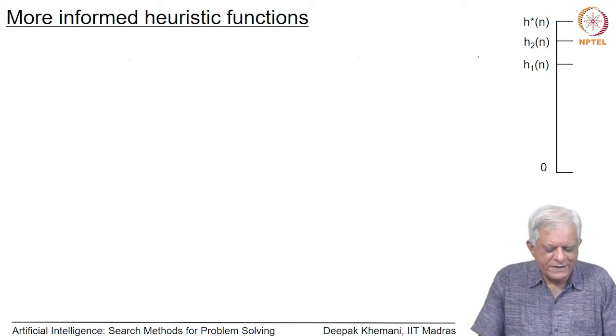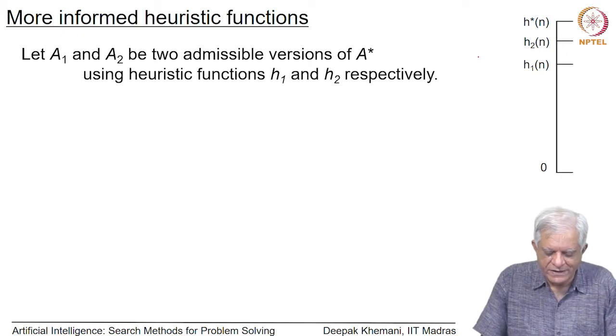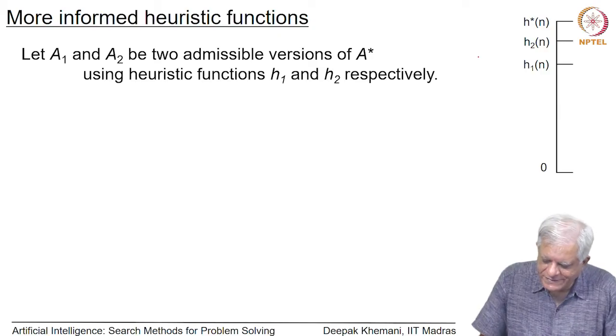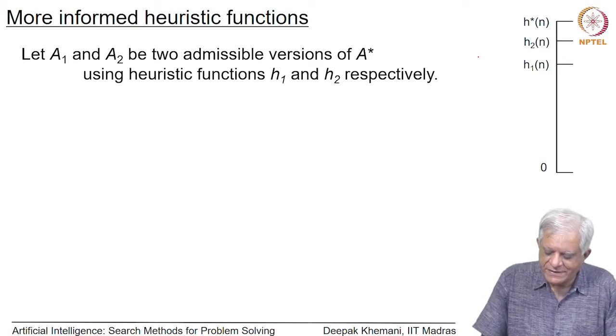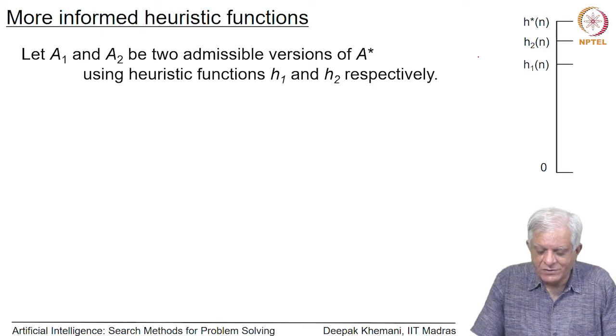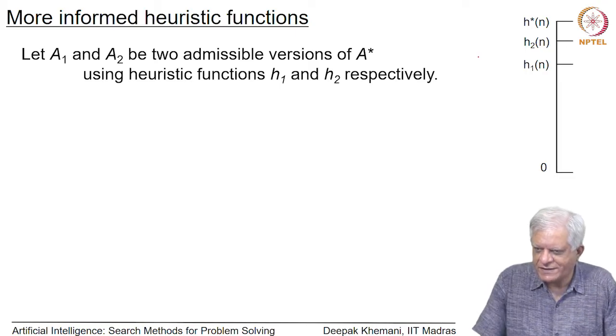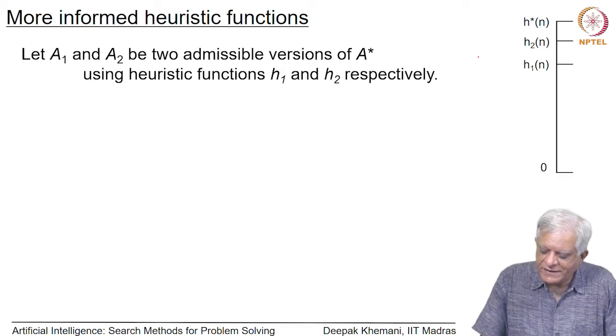Let us say that there are two heuristic functions and they are being used by two versions of A star, which we will call A 1 and A 2, and they use these two heuristic functions H 1 and H 2 respectively. As shown in the diagram, H 1 and H 2 must be underestimating functions if the algorithm is to be admissible. So, both H 1 and H 2 for any node n are less than H star of n, which is the highest value that any admissible search will allow. But we want to look at what is the effect if H 2 is always consistently greater than H 1.